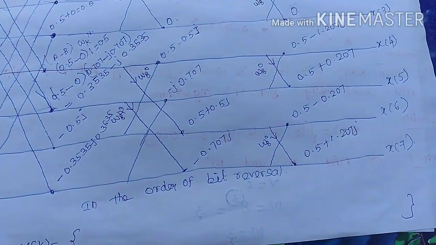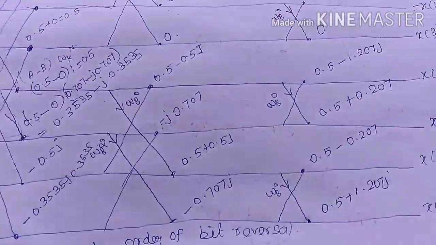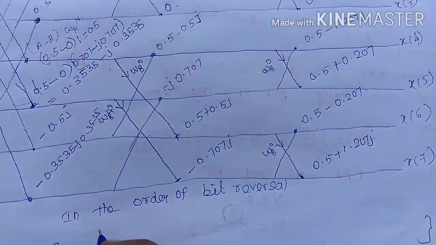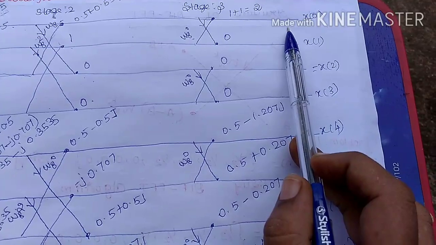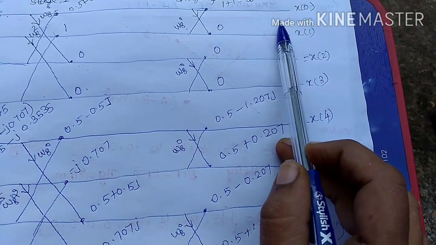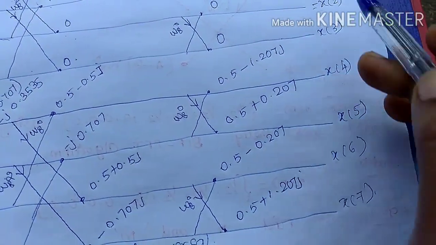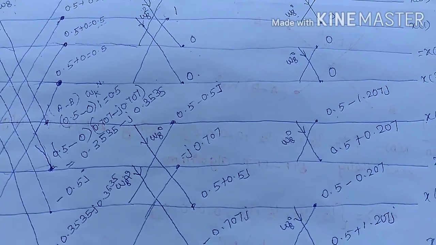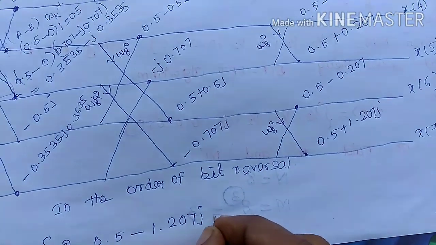Okay, so we know the order. The bit reversal order is 0, 4, 2, 6, 1, 5, 3, 7. So 0 means the corresponding output is 2, right? So 2, comma, 0, then the next value is 4, so this value 0.5 minus 1.207j.